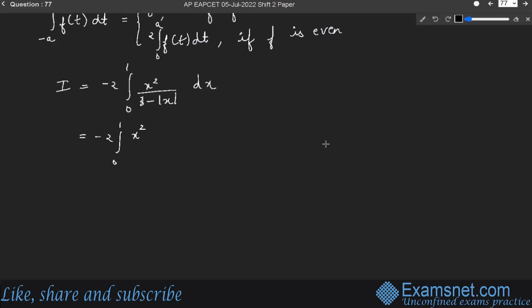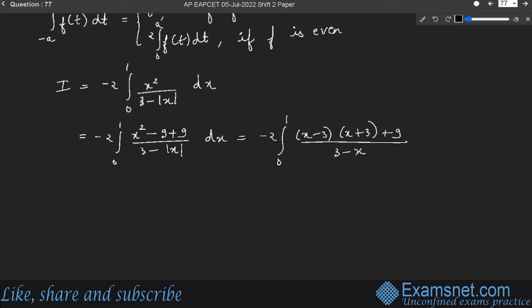So, adding and subtracting 9 here, which is minus 9 plus 9 divided by 3 minus modulus of x dx. So, it will become minus 2 into integral of 0 to 1 x minus 3 into x plus 3 plus 9 divided by 3 minus x dx.